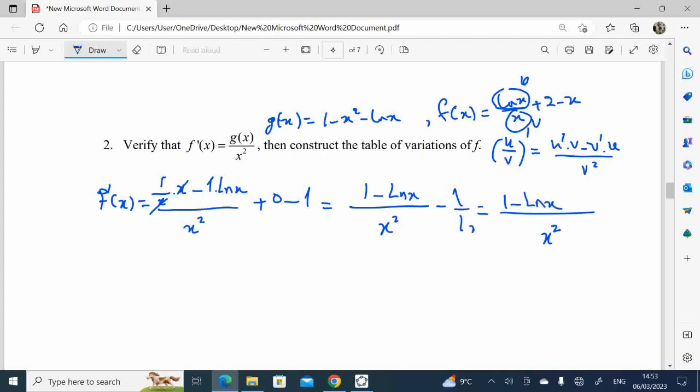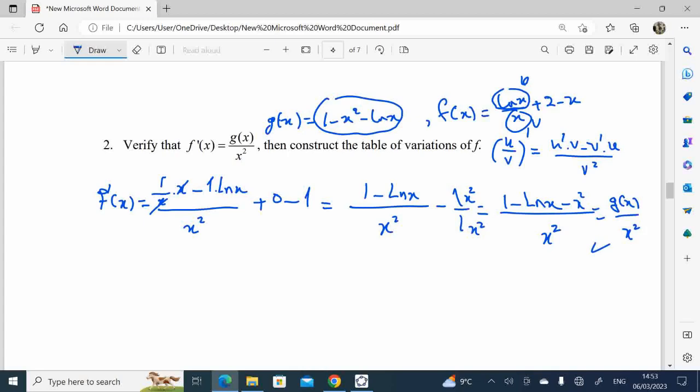Here we should multiply by x squared and here by x squared. So we get minus x squared. As you can notice here, this function 1 minus ln x minus x squared is simply g of x. So this is g of x over x squared. So that's what we have to prove, and we proved it.